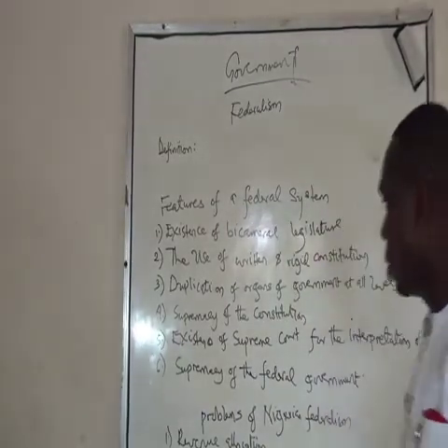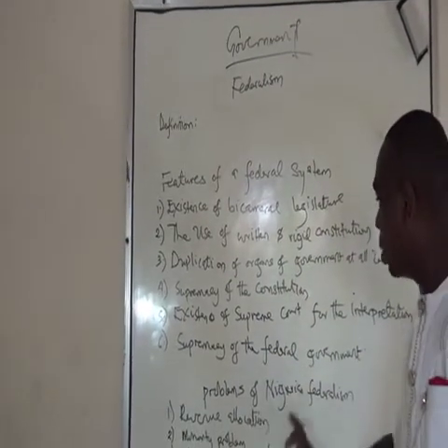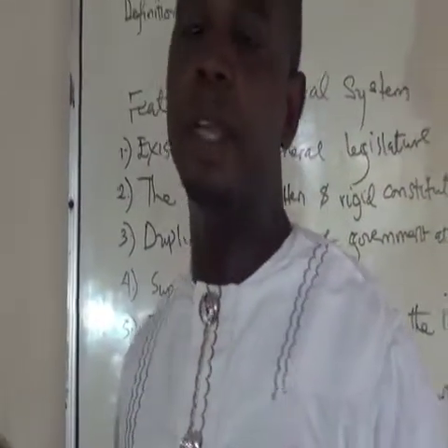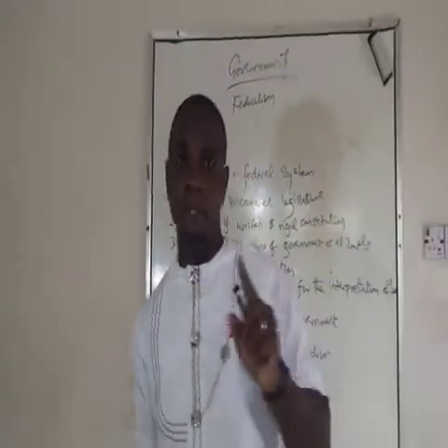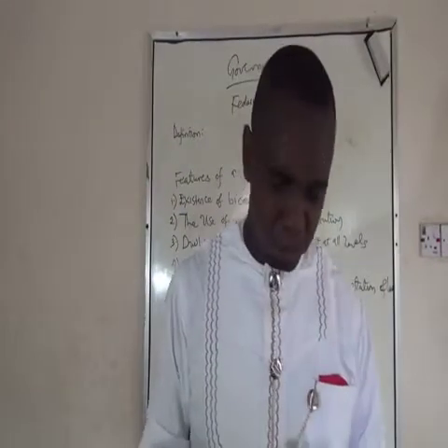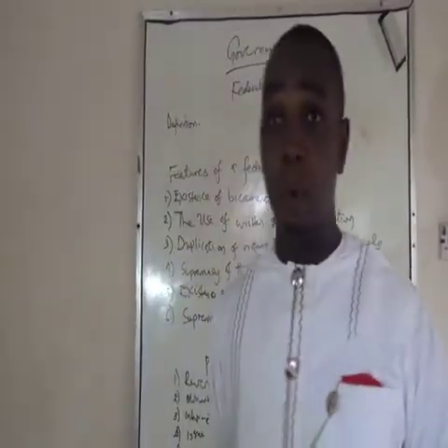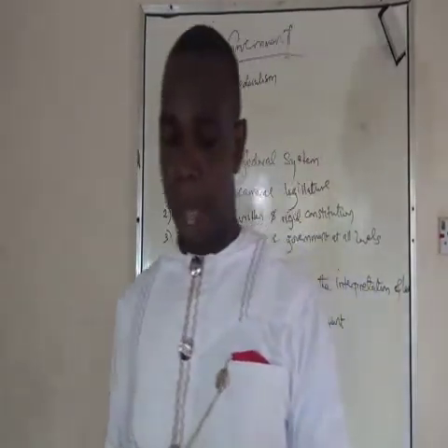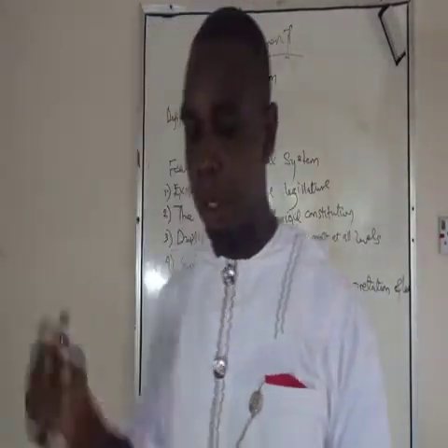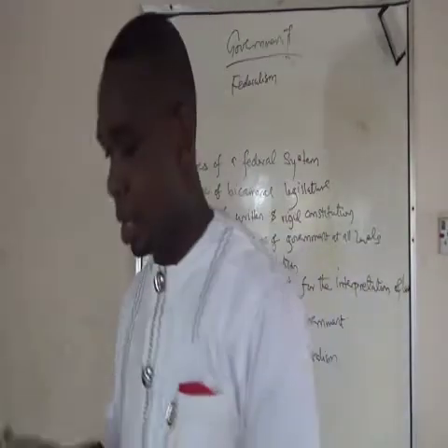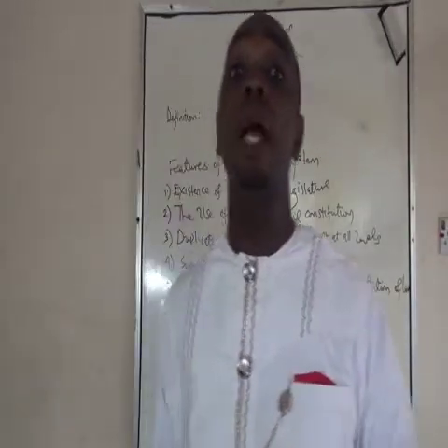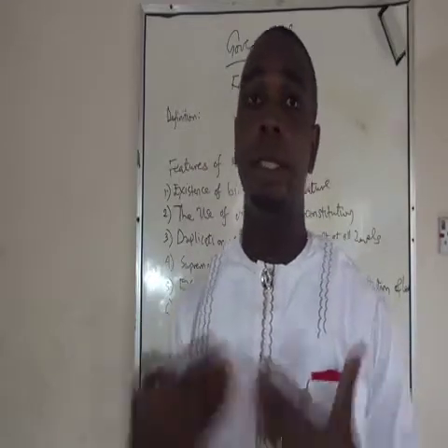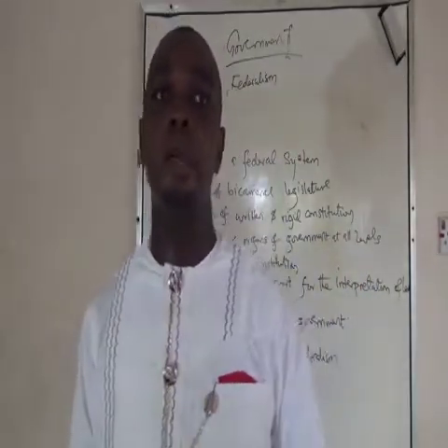Now quickly, we are going to be looking at the problems of Nigerian federalism. What you must understand as a scholar is that when you're defining a phenomenon, after you have looked at the features, after you have looked at the history, and so on, you are equally going to look at the problems and how you can solve or tackle such impending problems.